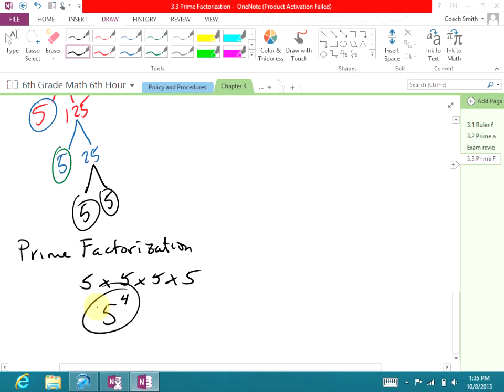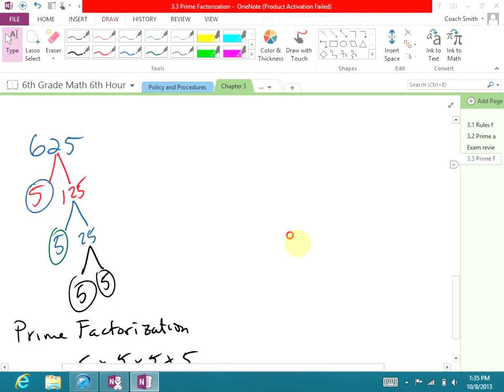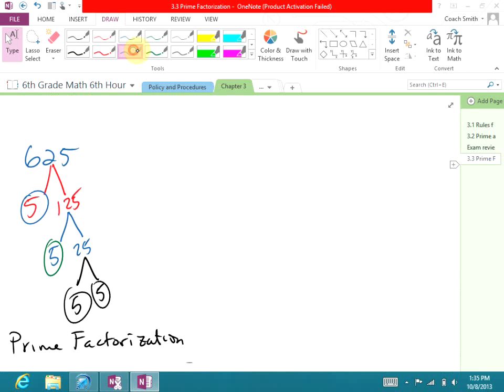Now, inverted division. Inverted division on this one is going to look very similar. We start with 2. Well, I know that 2 doesn't go into 625 because it's an odd number, by the rule for divisibility. I also know that 3 doesn't go into it because 6 plus 2 is 8, 8 plus 5 is 13, and 3 doesn't go into that.